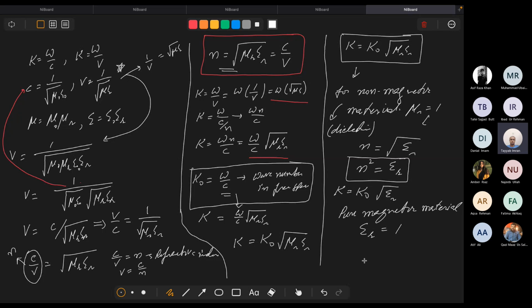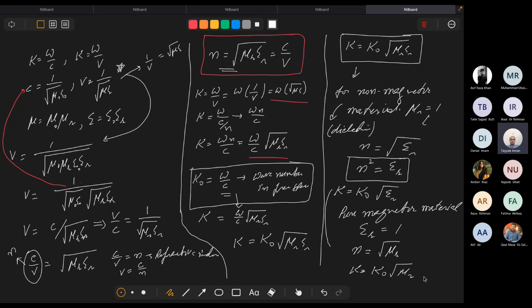So if this one is equal to 1, तो ये जो situation है above equations, उसमें आपका refractive index is only depending upon the permeability R. And this equation will also be like R. ठीक है?